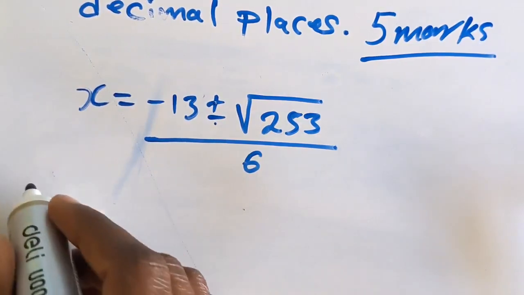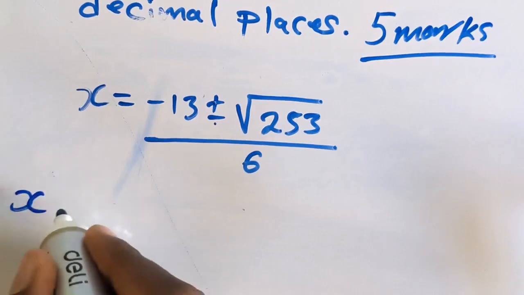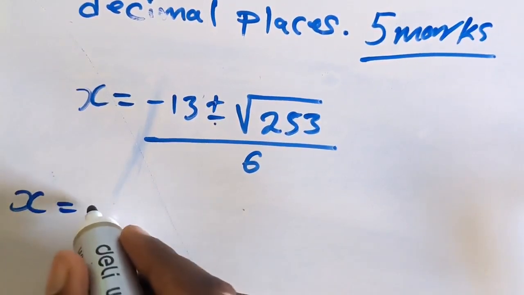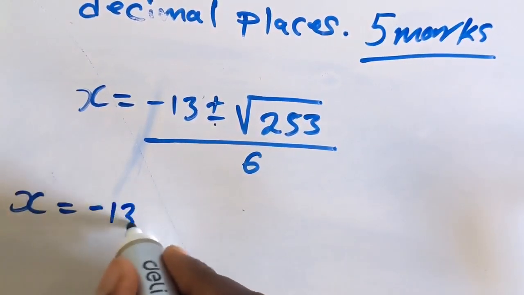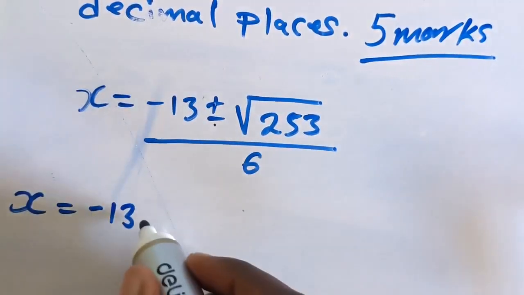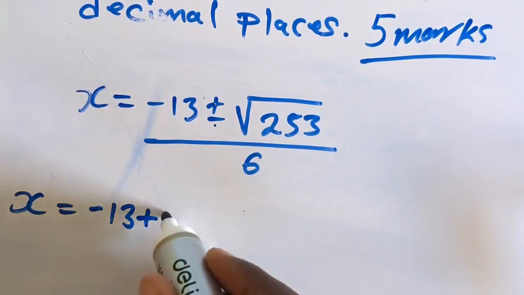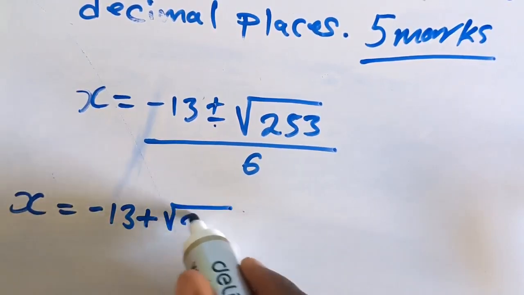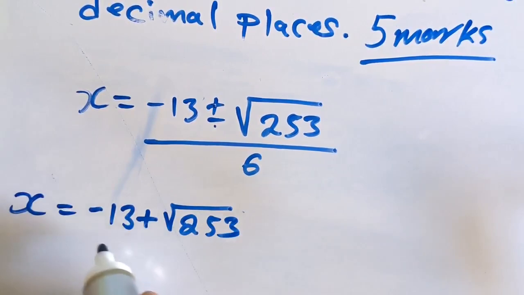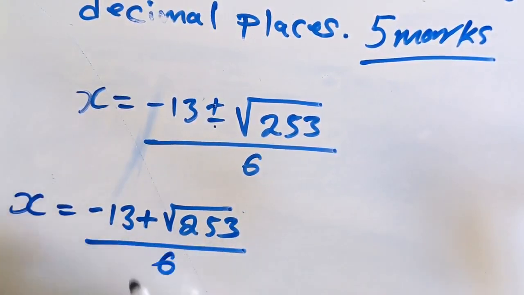So what you need to do is just to copy this. You're going to say x is equal to negative 13, then for the one that has a positive, you say positive, then root of what? Of 253, then over 6.